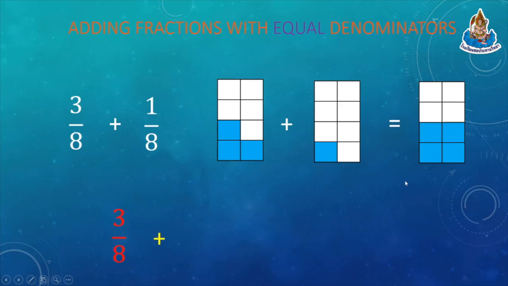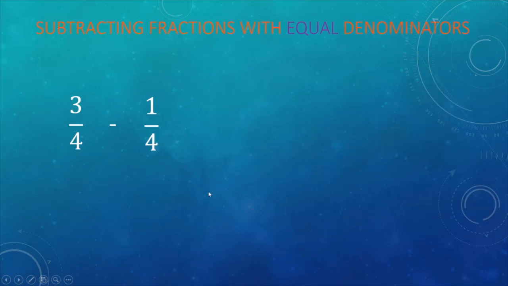So when we add 3 over 8 plus 1 over 8, denominator 8 remains the same, and we add numerators. 3 plus 1 is 4 over 8.